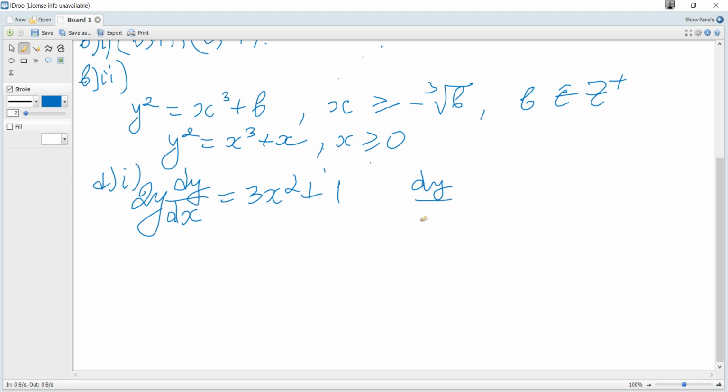Hence dy dx is 3x squared plus 1 divided by 2y, and y is plus minus square root of x cubed plus x, and it is equal to the expression as required.